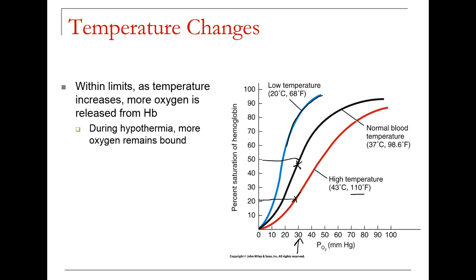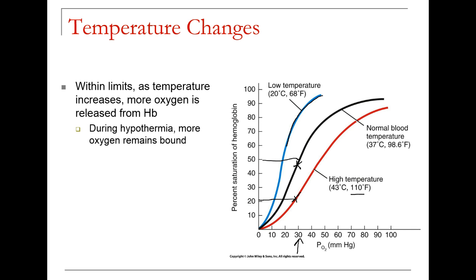But in a way, it's also one of the benefits, because if you do quit breathing and the body is hypothermic, you do retain a little more oxygen in the blood for a longer time period. This could keep a person alive a little bit longer if they were no longer breathing at a cold temperature versus in a warm temperature.